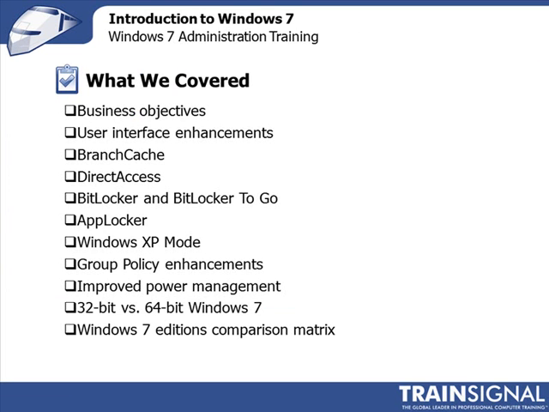We covered a number of items in this lesson. We started by discussing the business objectives behind a potential move to Windows 7 for Global Mantic. We then talked about how Global Mantic could benefit from the new user interface enhancements that come with most editions of Windows 7. We then talked about two remote tools called BranchCache and DirectAccess, which help make the computing experience more seamless for users that are operating outside headquarters.